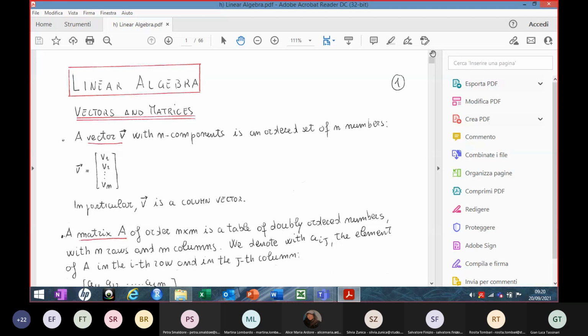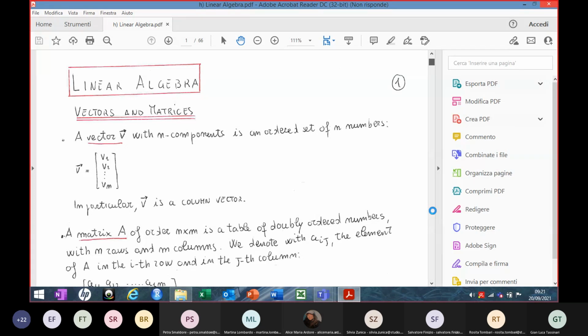So guys, we were talking about matrices and vectors, and in particular we started by talking about the sum of matrices. The conclusion was the following: the sum between matrices is feasible if and only if the two matrices that you are summing, matrix A and matrix B, have the same dimension.